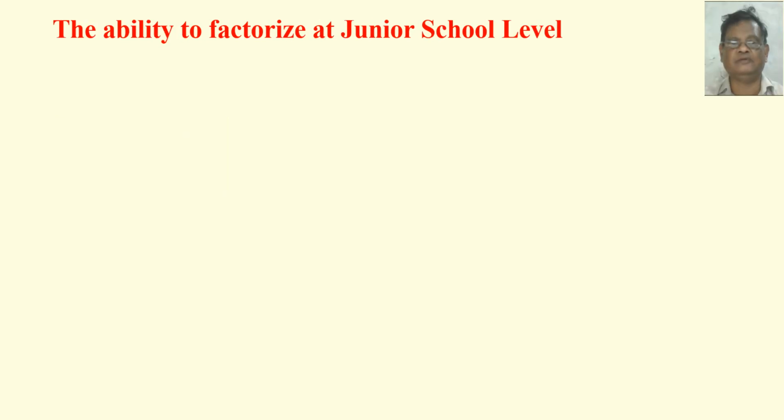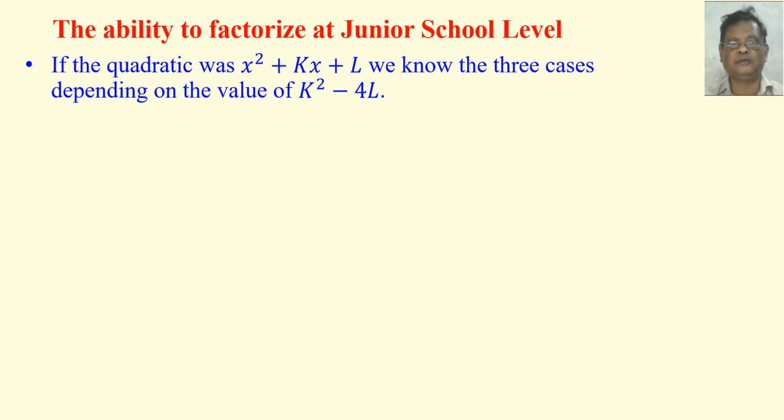The ability to factorize at junior school level. If the quadratic was x squared plus kx plus l, we know the three cases depending on the value of k squared minus 4l.